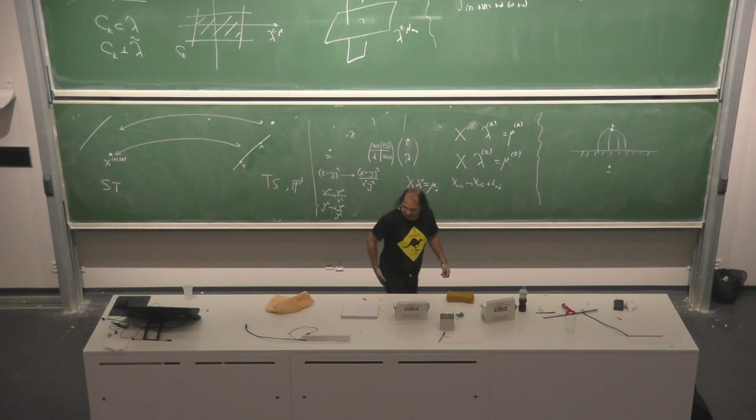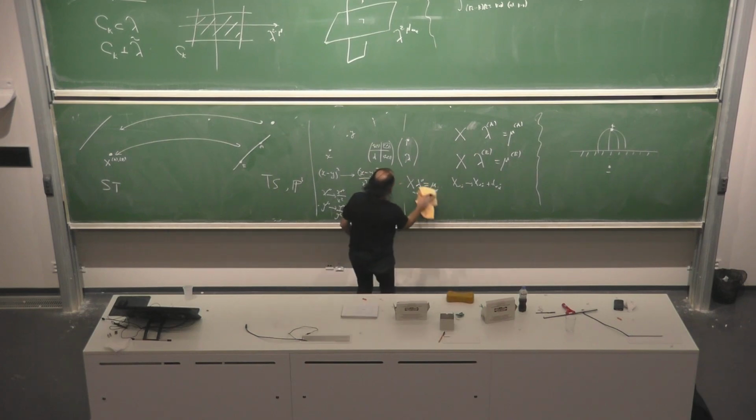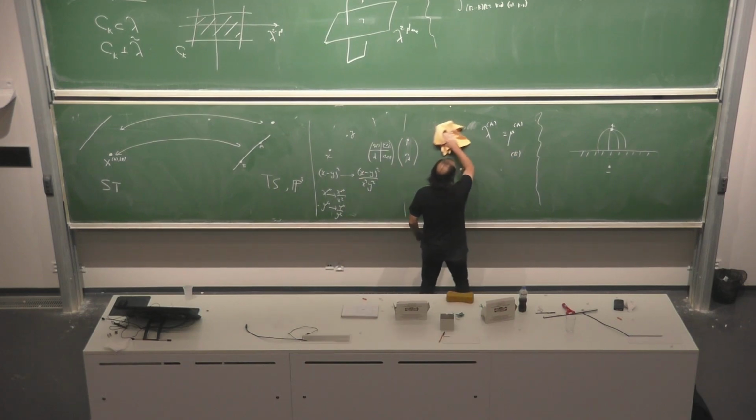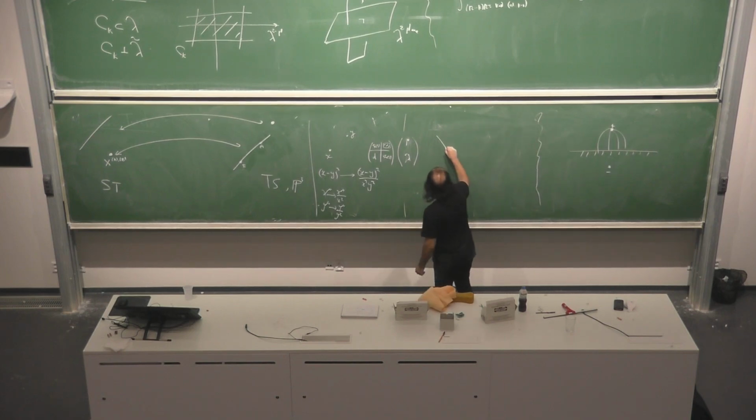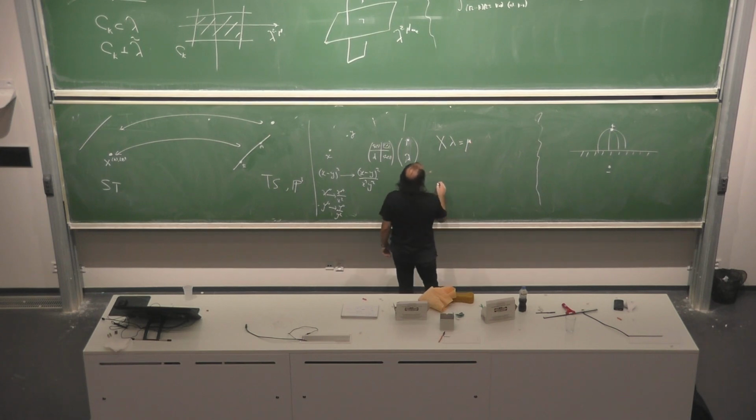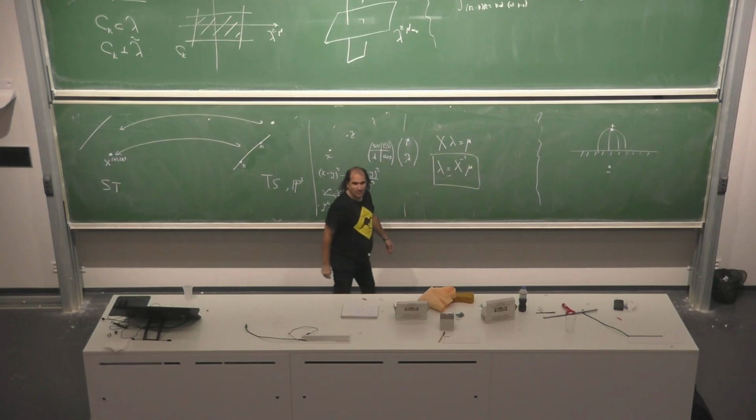Because if I take this equation, x lambda equals mu, then lambda is equal to x inverse mu. Right?